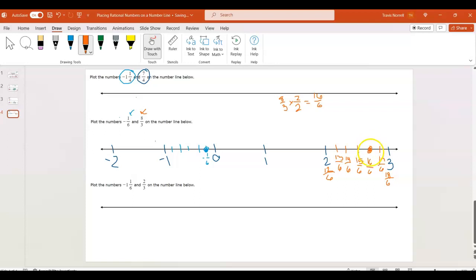And what that point represents in the problem is 8 thirds. Well, think about that. This is 3 thirds. This is 6 thirds, because 3 goes into 6 2 whole times. So 6 thirds, 7 thirds, 8 thirds. That makes sense?